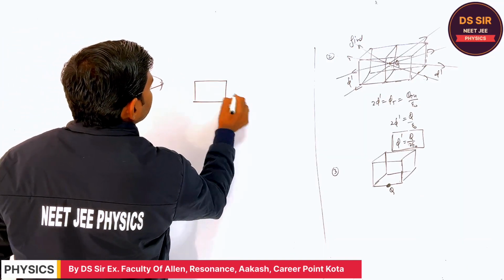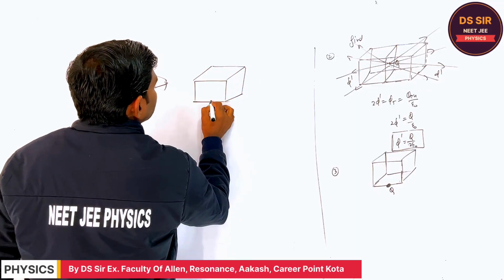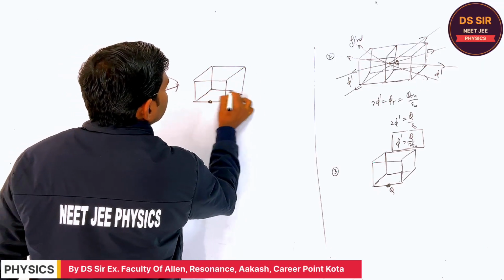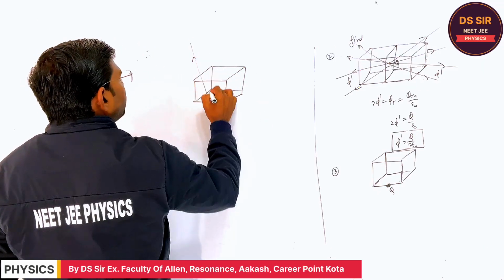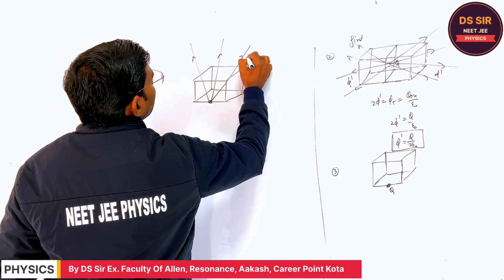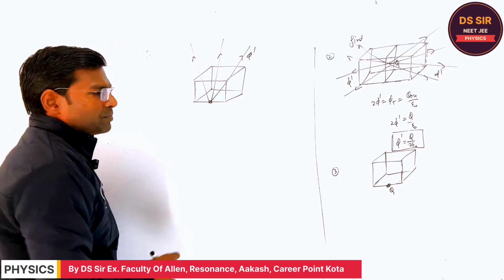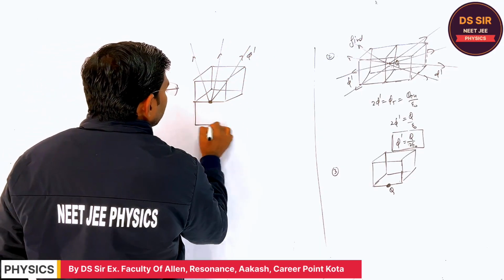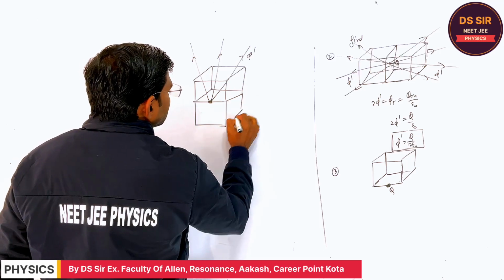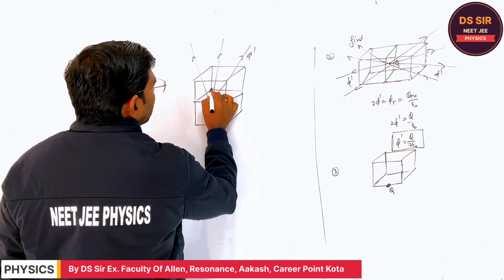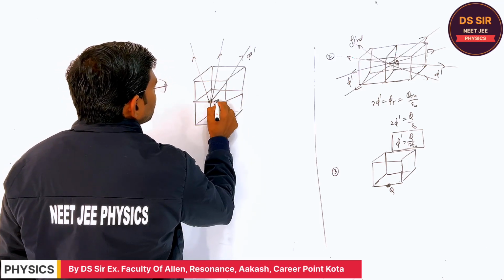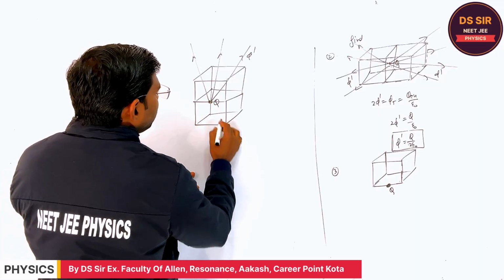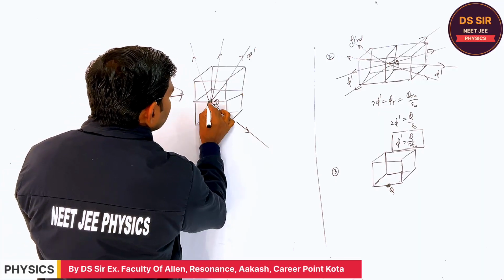If this is a small cube, you can make this the charge. The flux linked with this cube, we have to find, assume this is phi dash. Another cube just below it, you can assume, like this. If this is the charge Q, what is the flux linked with this cube also?